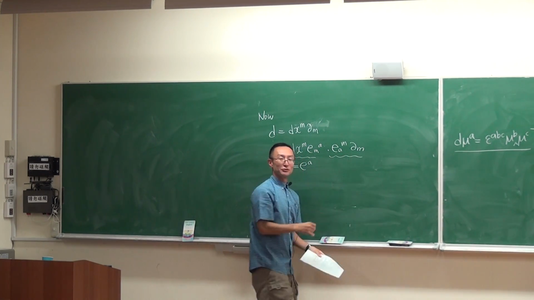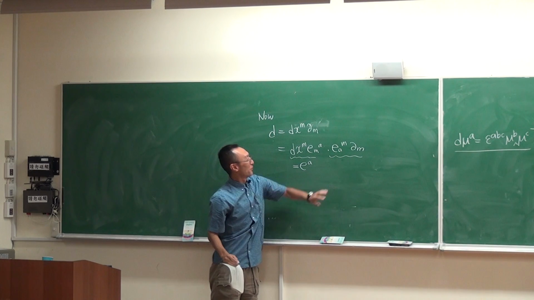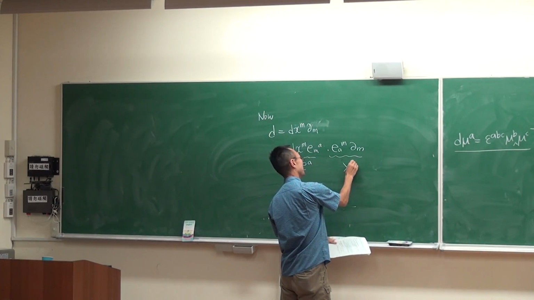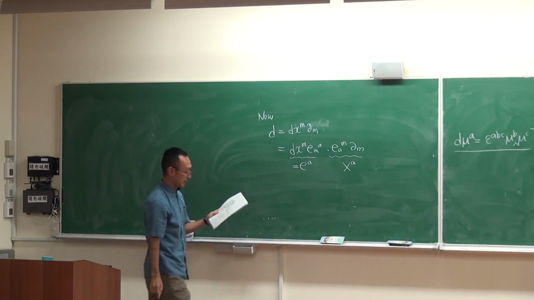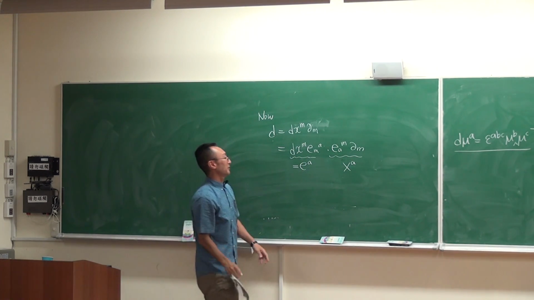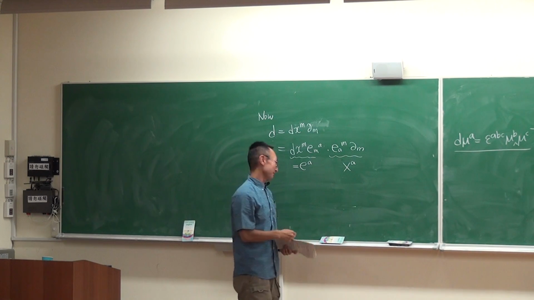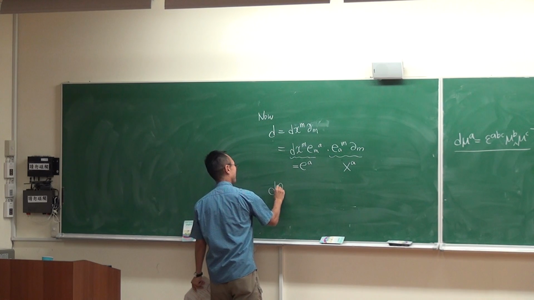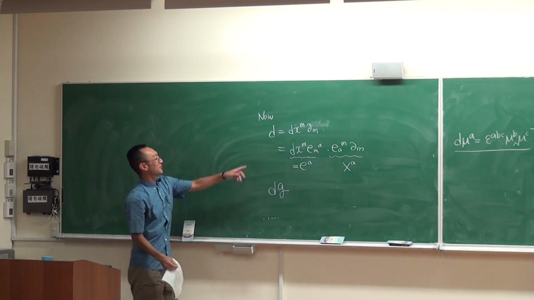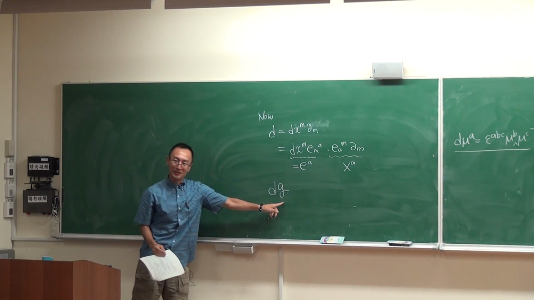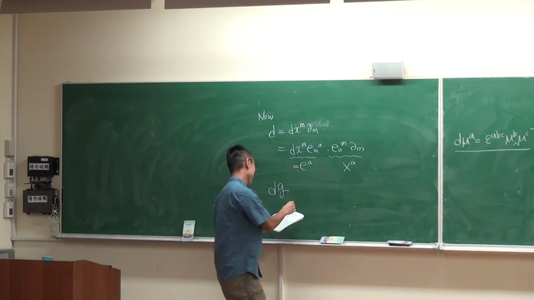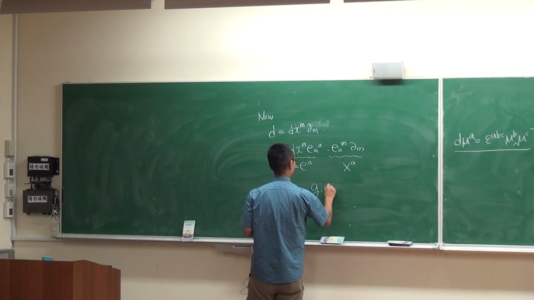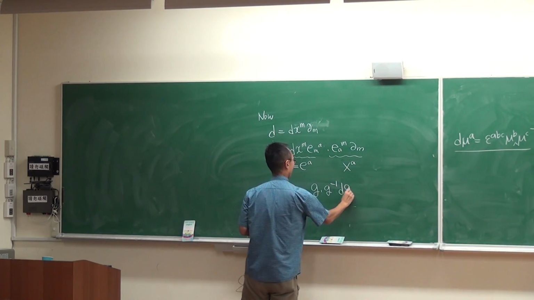So what I want to know is what is this vector field. So let's name this vector field by X_A, and let's find out the property of this vector field. But if we try acting this operator d on the 2 by 2 matrix G, then this can be rewritten like this.